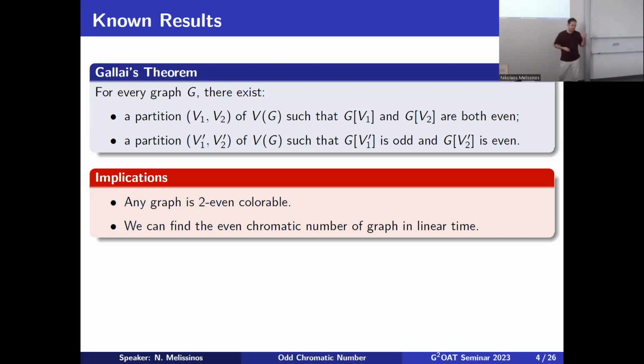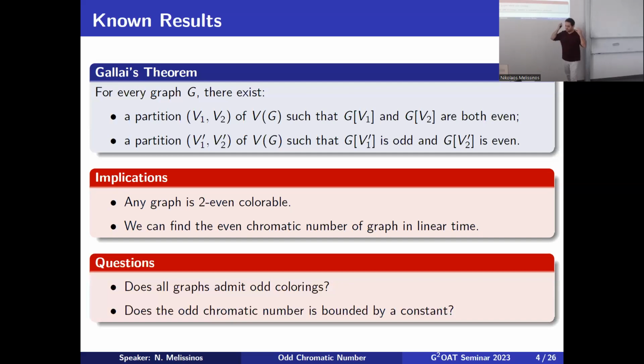So this gives us some questions regarding the odd coloring. Are all the graphs odd colorable? That's an interesting question. And also, because you know that every graph is 2 even colorable, does the same hold for odd colorings? I mean, is there some constant that bounds the odd chromatic number of any graph?